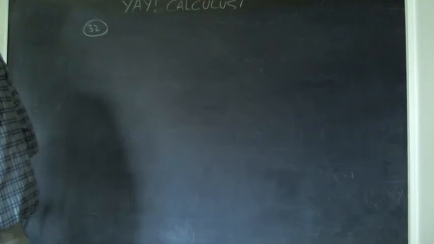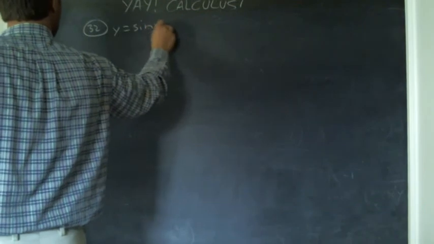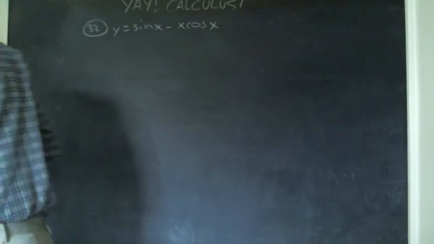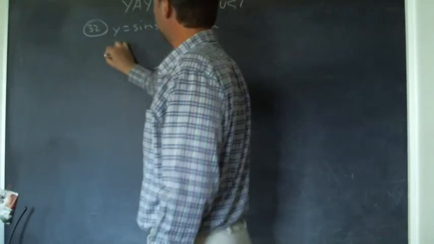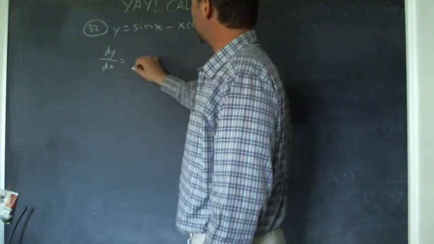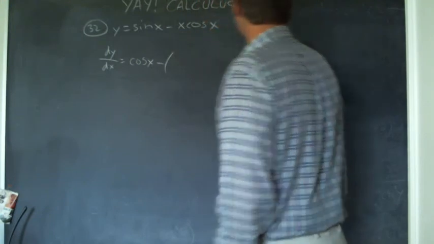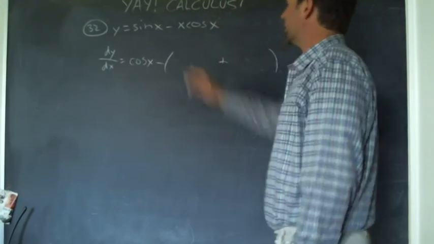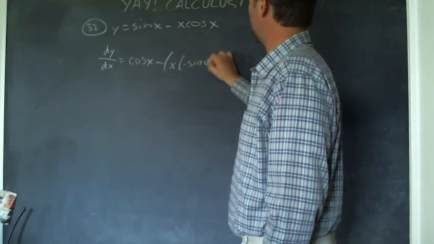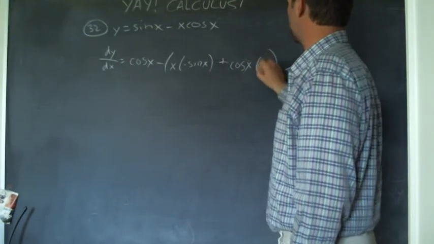Find the values for which y equals sine x minus x cosine x. What values is that differentiable? Well, we'll go ahead and differentiate it. Derivative of sine is cosine. We have product rule. This is minus and then in quantity, first times the derivative of the second, plus the second times the derivative of the first.